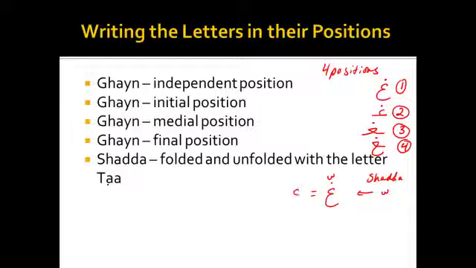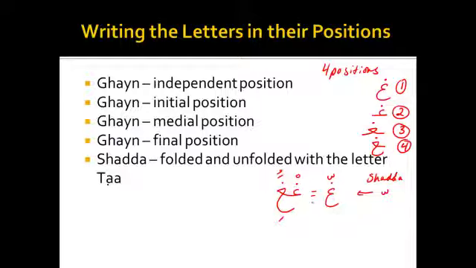So, for example, it would be like this. Ghayn and another Ghayn. So two Ghayns together. But the first one would have a sukoon, and the second one would have a short vowel, like either a fatha or a dhamma, or a kasra.